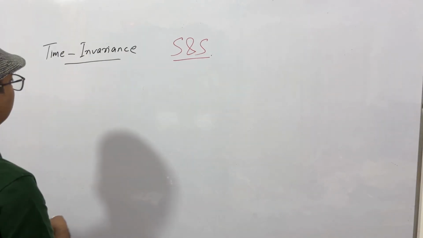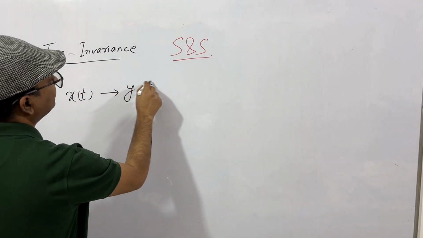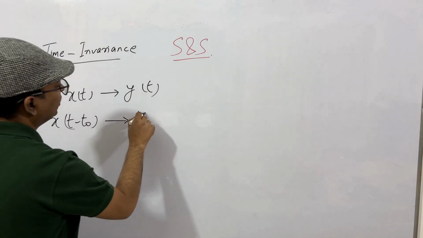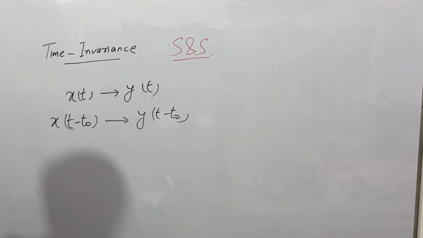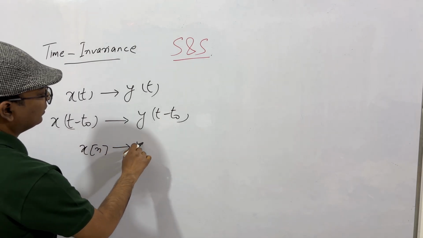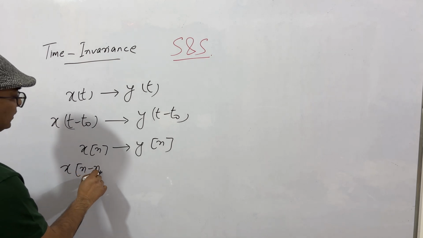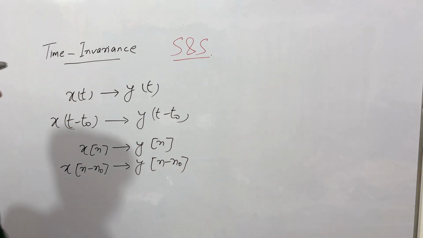The meaning is, if for x(t) the output is y(t), then if we shift the input by t0, the output should also shift by the same t0. In terms of a discrete system, if x[n] has an output y[n], then x[n minus n0] should correspond to y[n minus n0].